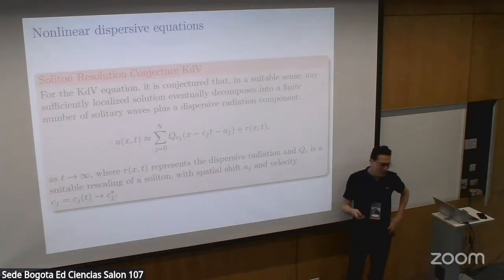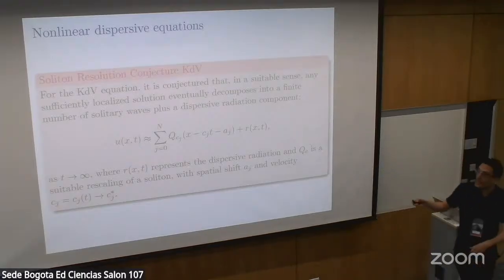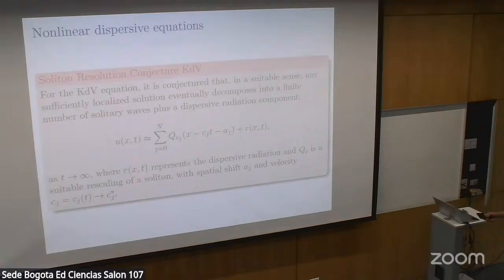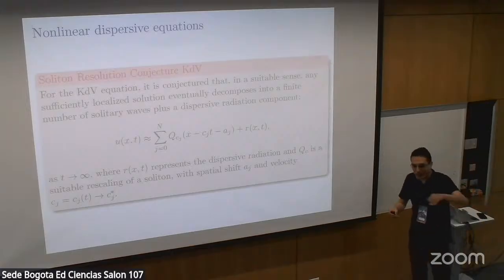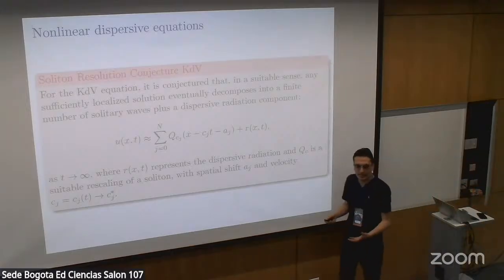Okay, talking too much. Anyway, let me show you the soliton resolution conjecture for the KdV. And this is what I was saying. It says that for very large time, the solution behaves as a sum of solitons plus radiation. Radiation is the other thing that you cannot describe exactly.